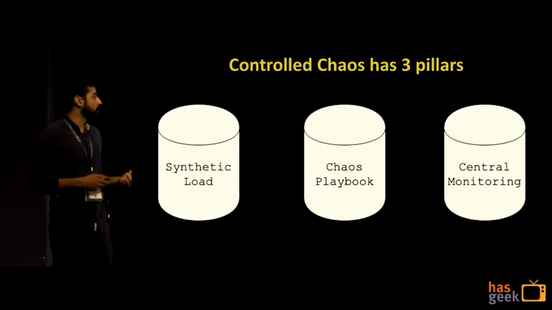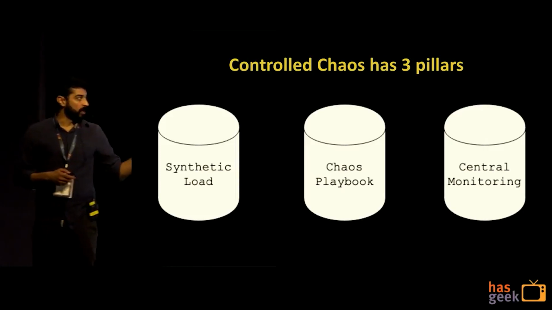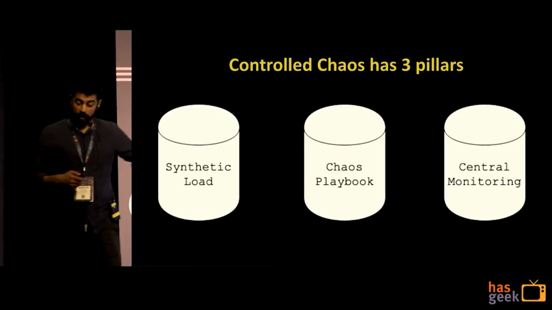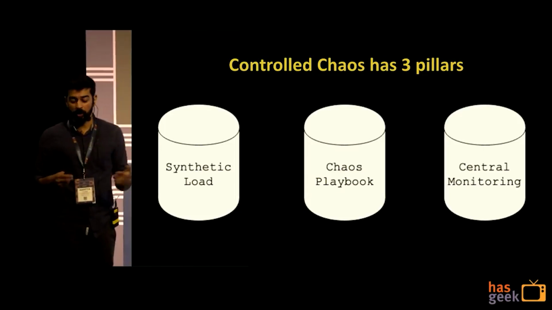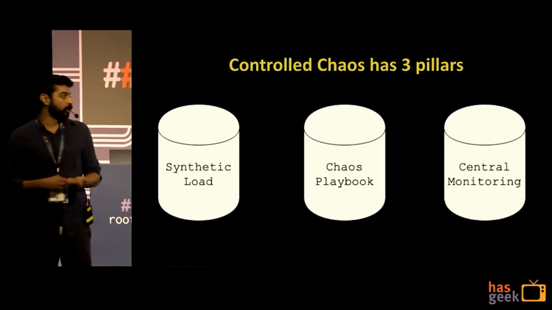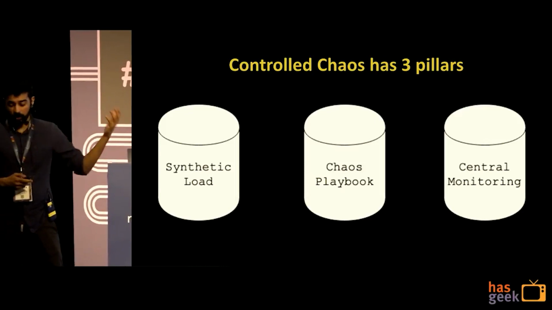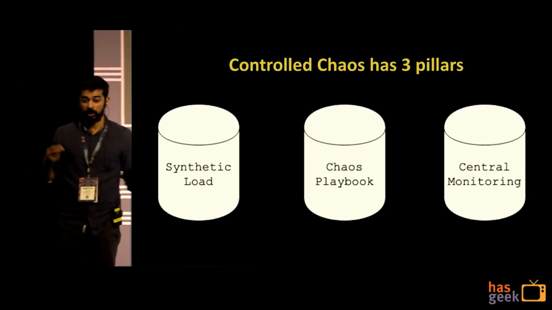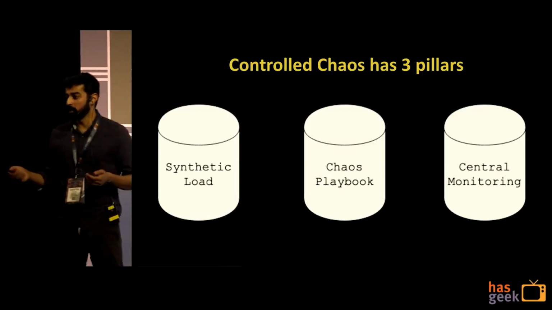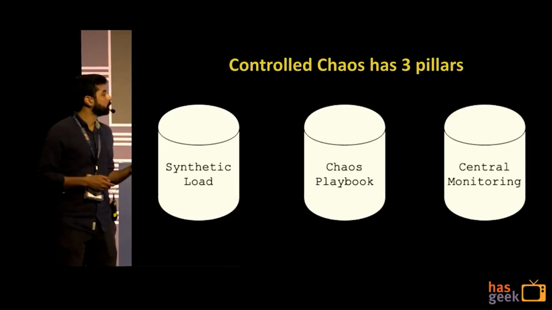The second is a playbook for actually running chaos experiments and figuring out how you're going to introduce these degradations and errors into your system. And the final piece, of course, is central monitoring, so you can observe what's happening during the course of these experiments and react to it, either to roll back the experiment or to push it forward.